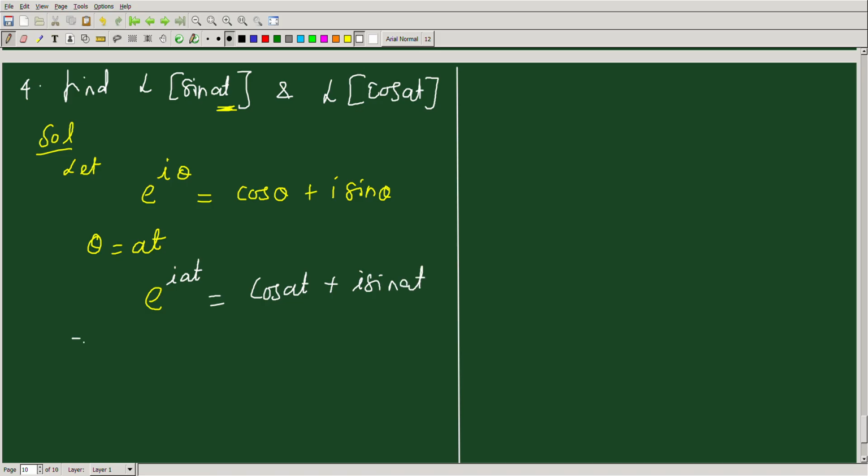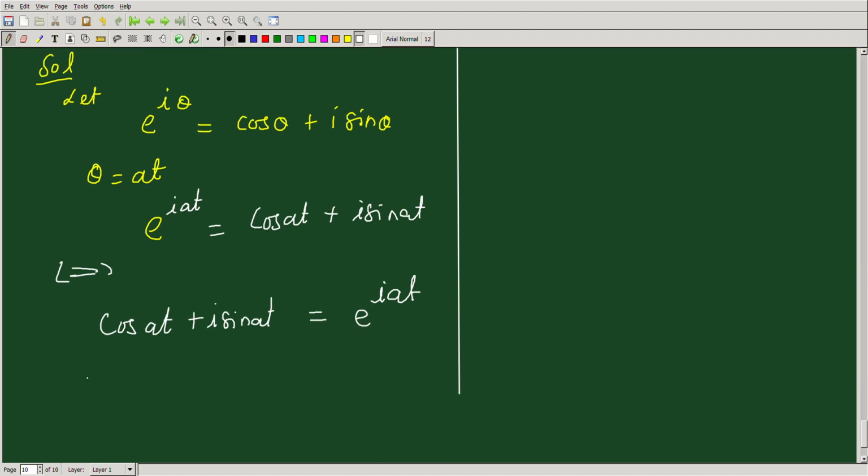And I am going to reverse the process. I write the left side as the right side and the right side as the left. So cos at plus i sin at is equal to e power i at. This one we are not going to apply Laplace transform to directly.